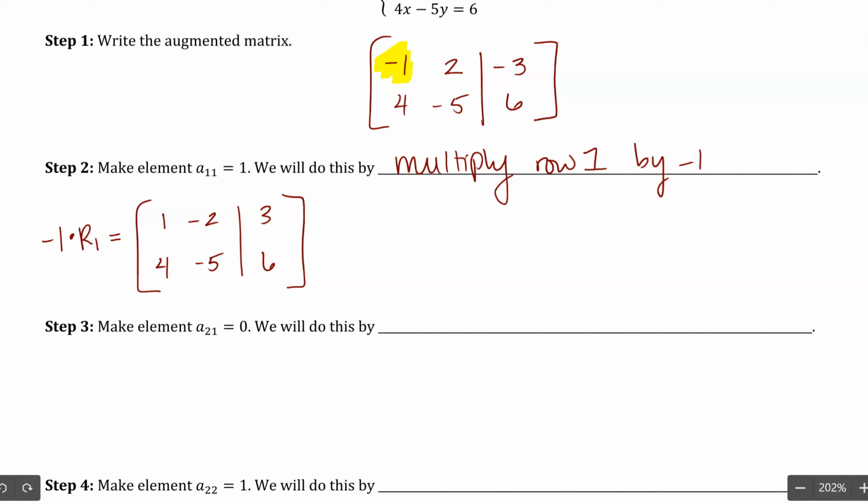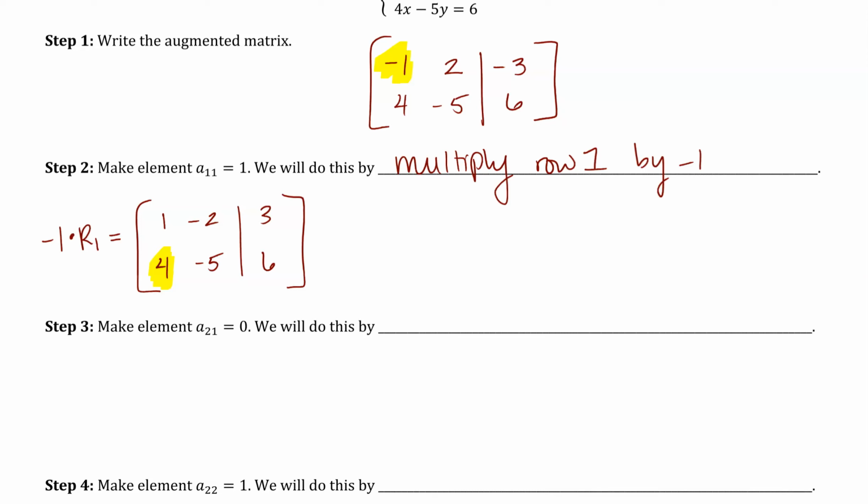Next, as we move, we want to make element 2,1 a 0. So this 4 right here needs to become 0. How are we going to do that? Well, we can't multiply or divide by anything on that row. So this is where we're going to have to use that third kind of row operation, which tells us that we can add or subtract multiples of other rows.